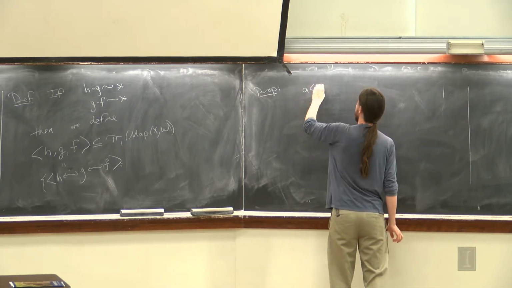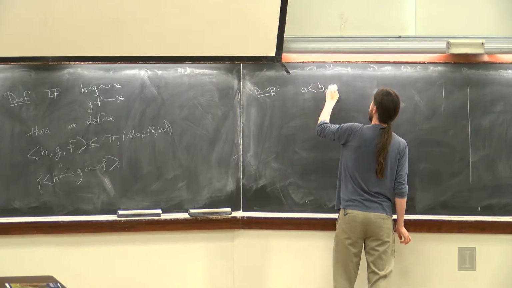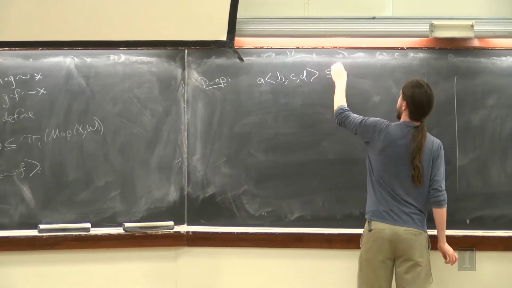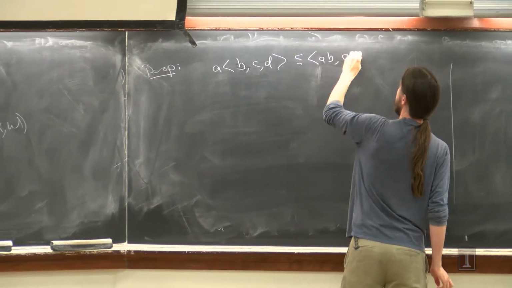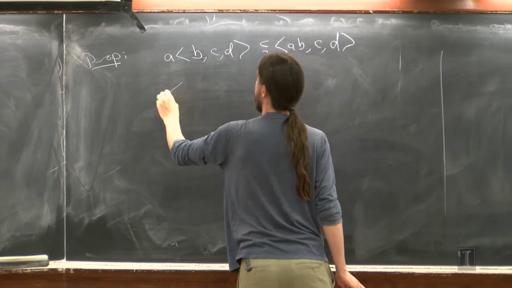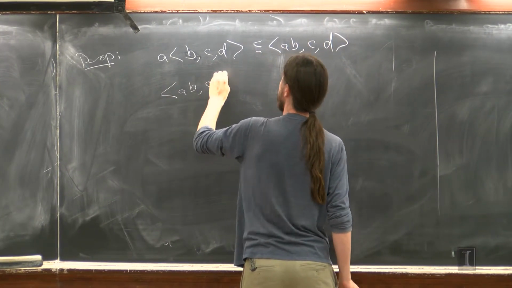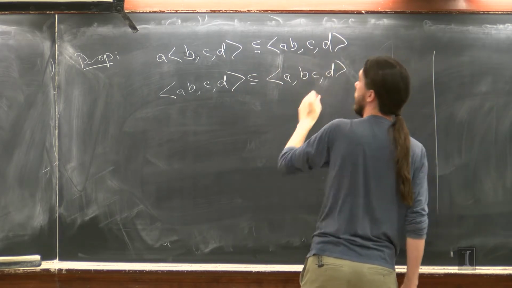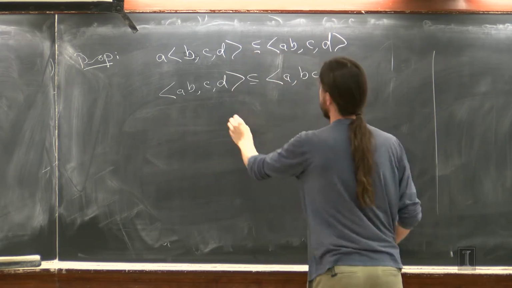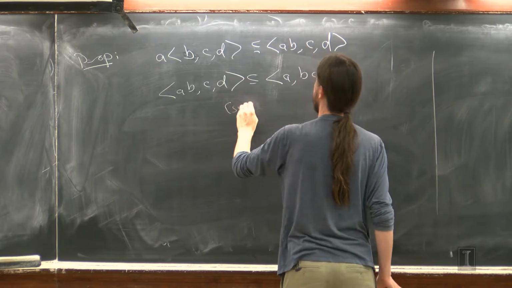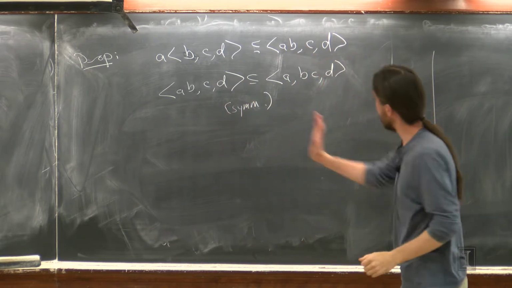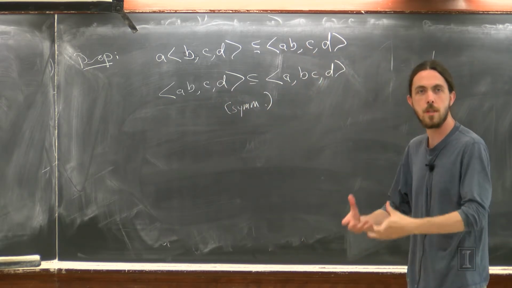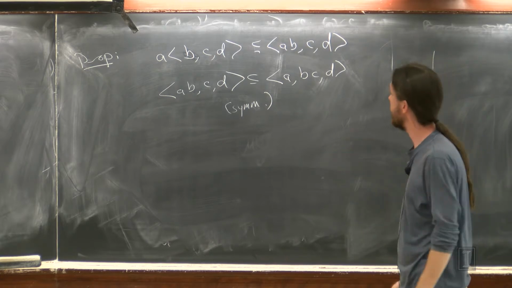So we get formulas that look like the bracket A, B, C, D is always contained inside the bracket A, B, C, D, and the bracket AB, comma C, comma D is contained inside the bracket A, comma BC, comma D. There are symmetric ones. So generally, moving something towards the middle always makes the bracket have more indeterminacy.